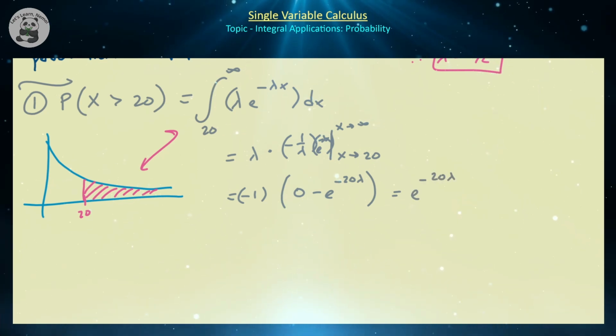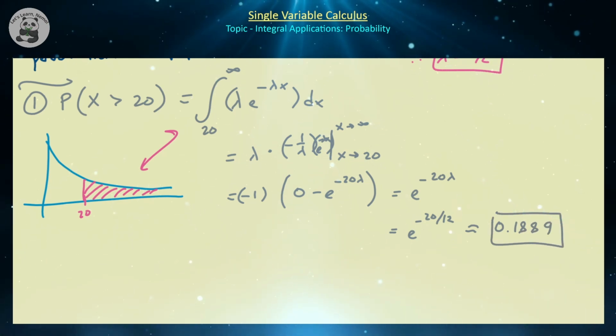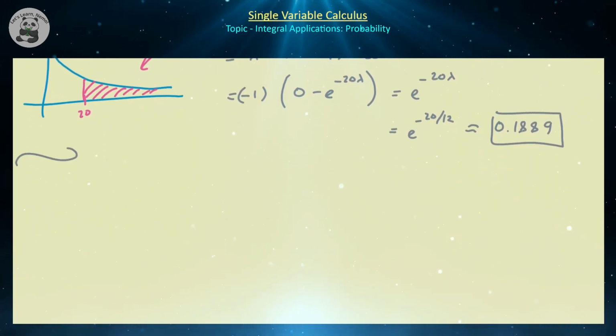But e to the minus 20 lambda in our problem is the same as e to the minus 20 divided by 12. And one can find that's approximately equal to 0.1889. So the probability that one person spends more than 20 seconds on a math problem is about somewhere around 19%. Let's look at a couple more variations of this problem.